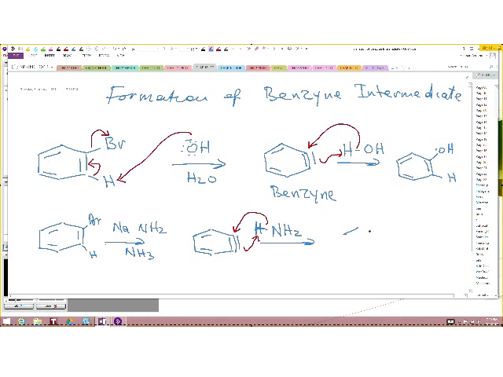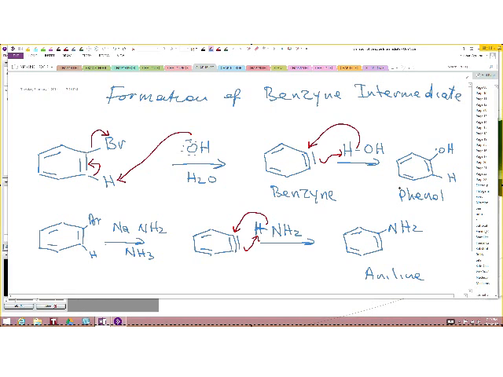Now, this is also an industrial method. This here will form an aniline. This here will form a phenol. This method was invented, I believe, in the 20s and 30s by DuPont. They made a lot of money out of this.